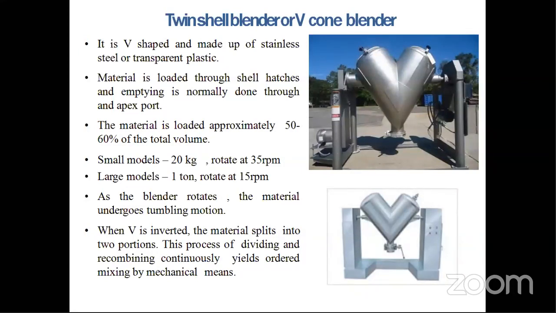When the V is inverted, the material splits into two portions. This process of dividing and recombining continues, and you get a uniform free flowing powder mixture after completion of the mixing process.